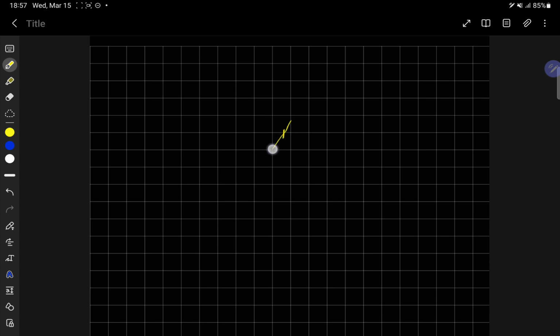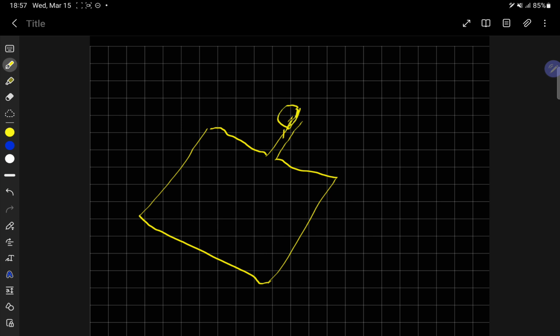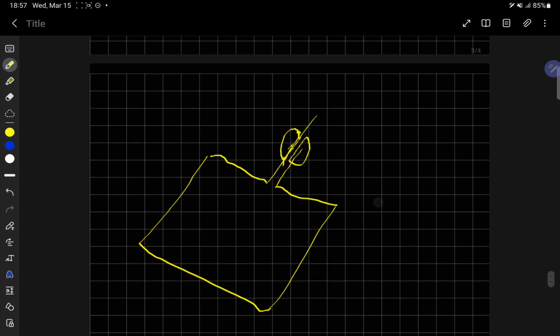Let's say that we have a wire loop like this, and here we have brushes, and there is a gap between the brushes, but it's small.